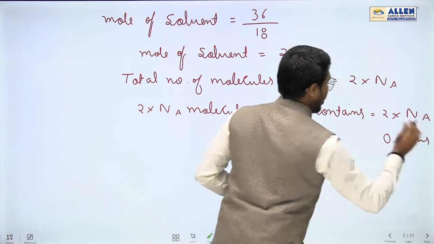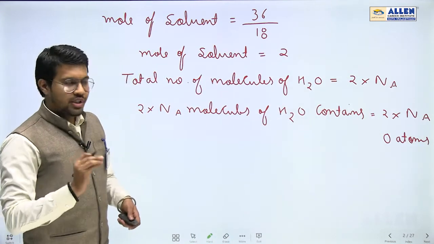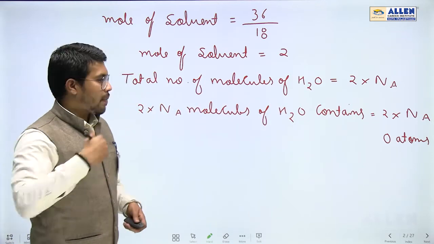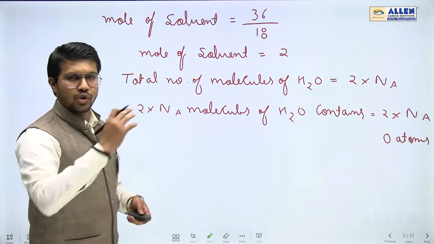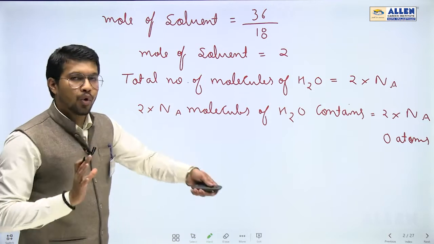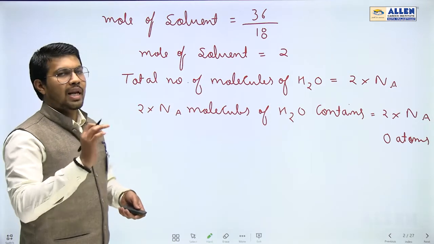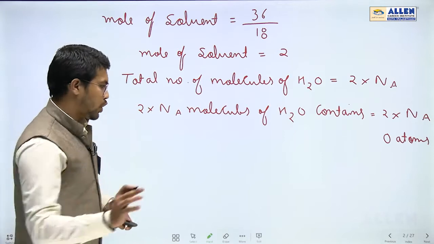Now we know the oxygen atoms in solute and solvent, so we'll add both to get the total number of oxygen atoms in solution.